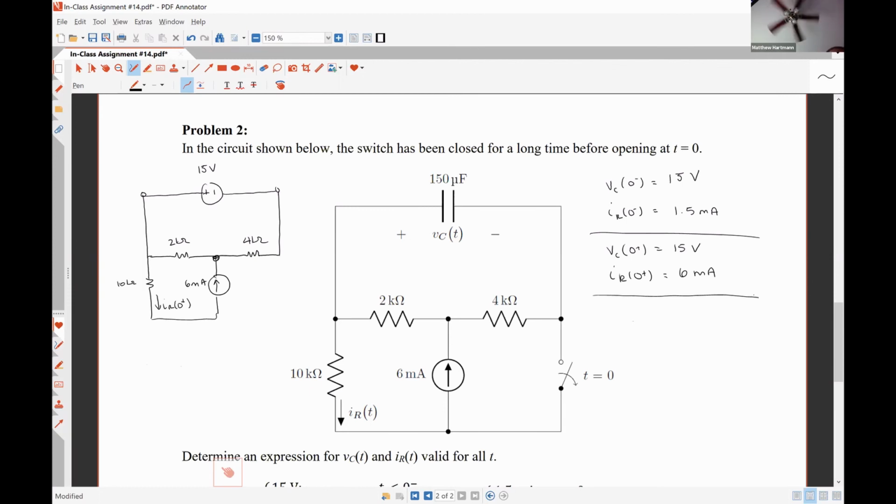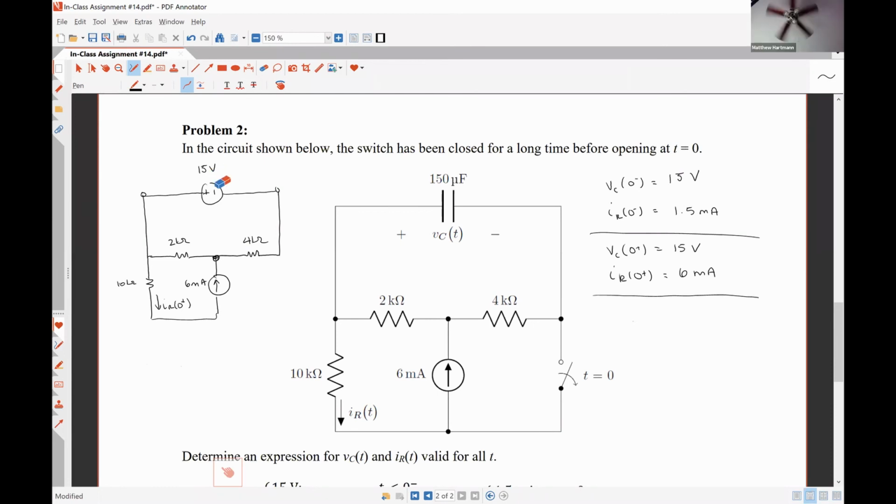So what change am I going to make to analyze the circuit at t equal to infinity? And change the voltage source to an open circuit again.